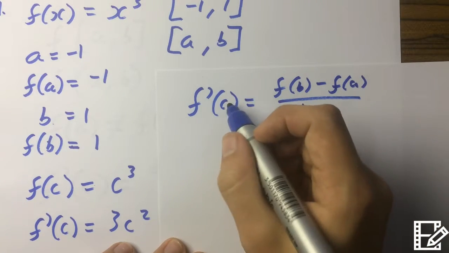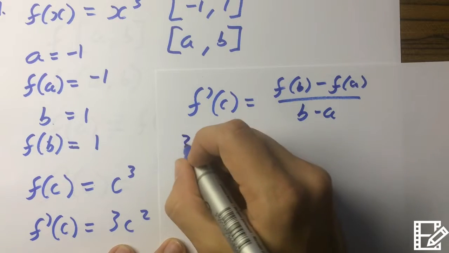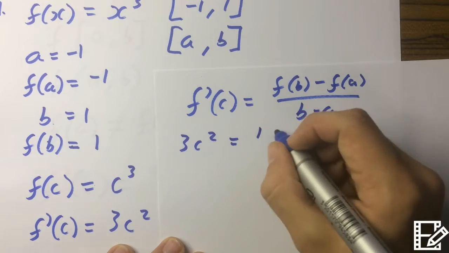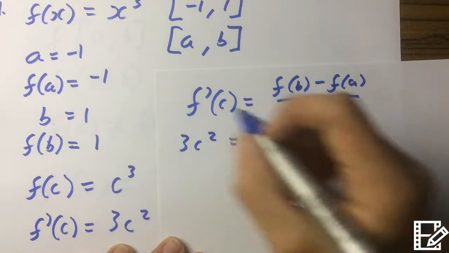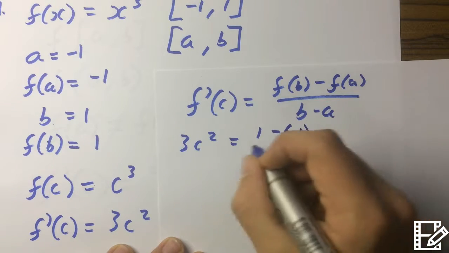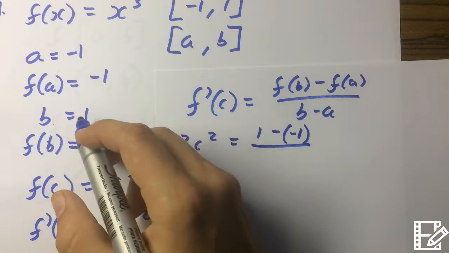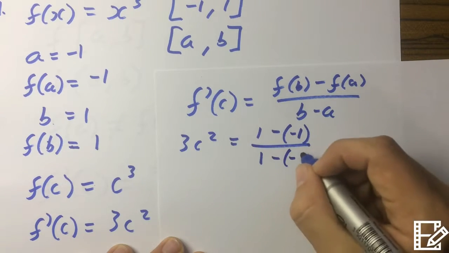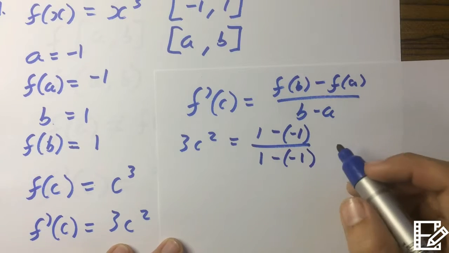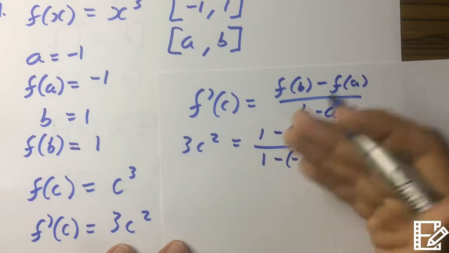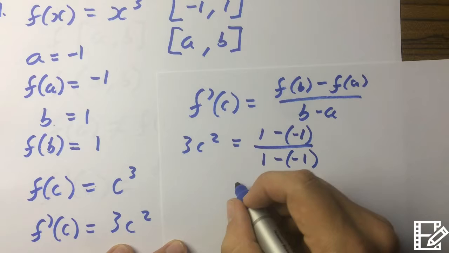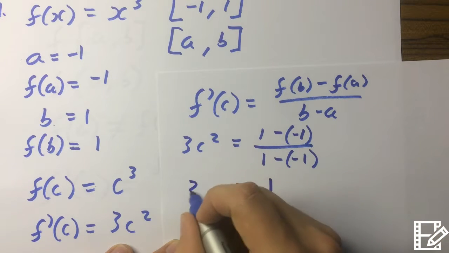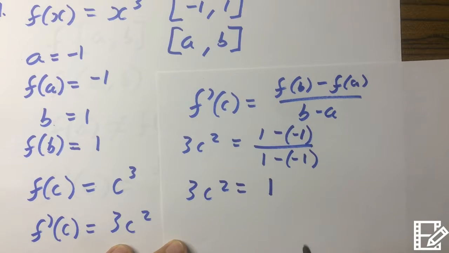So the derivative of the function of c equals 3c squared, and that will equal function of b, which is 1, minus function of a, which is negative 1, over b, which is 1, minus a, which is negative 1. And as you can tell, the top is equal to the bottom, so you just write 1, because it's a whole. And so you get 3c squared equals 1.